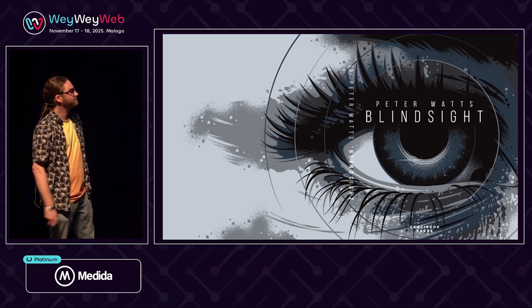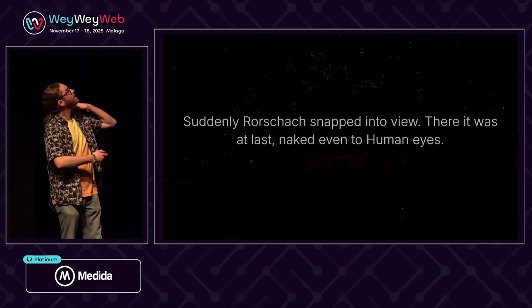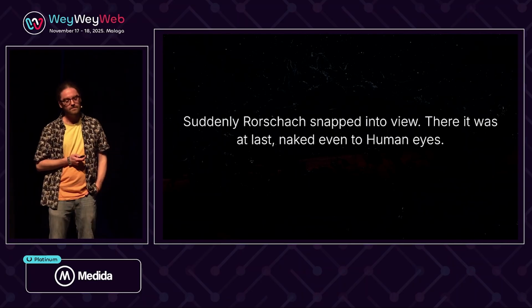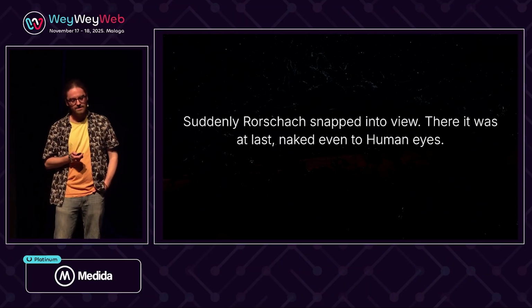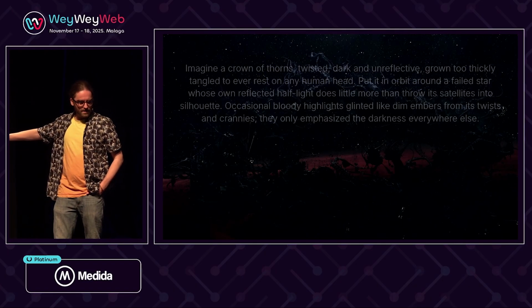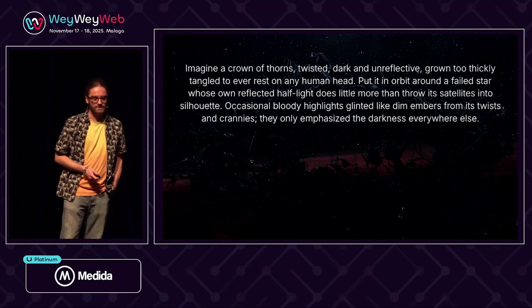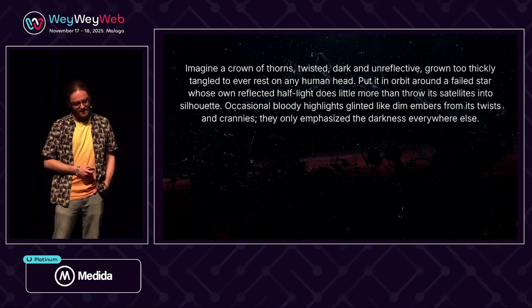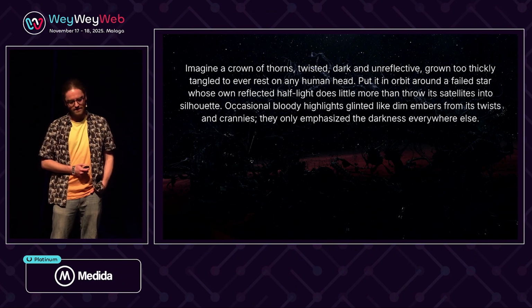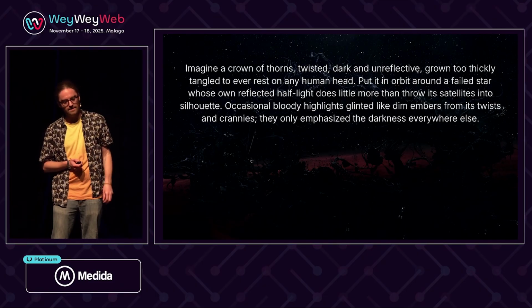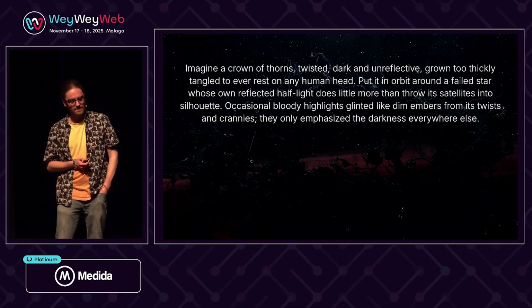So the first is, suddenly, Rorschach snapped into view. There it was at last, naked even to human eyes. Imagine a crown of thorns, twisted, dark, and unreflective, grown too thickly tangled to ever rest on any human head. Put it in orbit around a failed star whose own reflected half-light does little more than throw its satellites into silhouette.